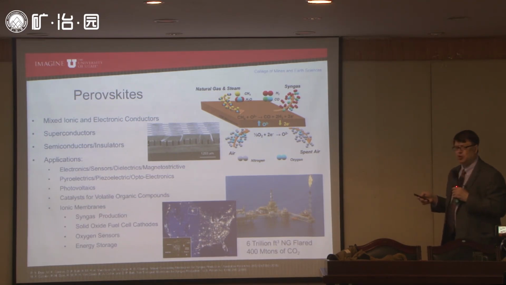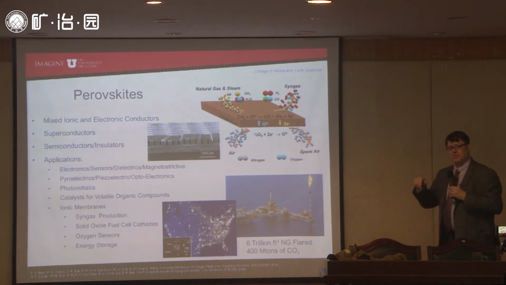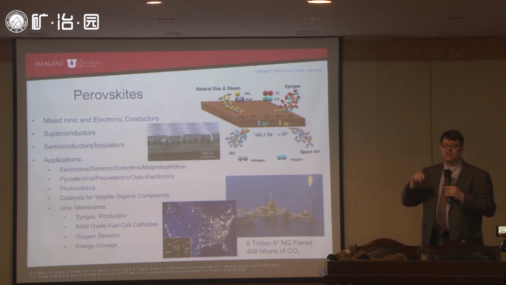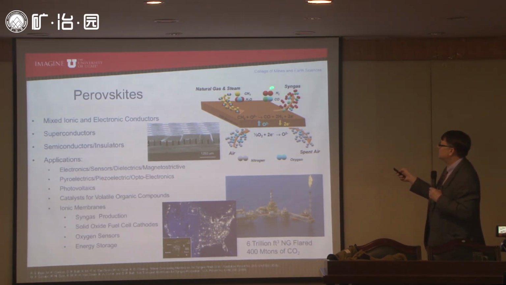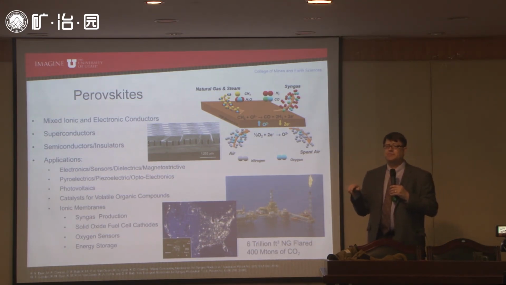And if you have an appropriate catalyst on the other side of this membrane, as the oxygen comes across, rather than reacting with the CH4 or CH3 or whatever is in your gas to form H2O and CO2, it will react to form hydrogen and carbon monoxide. So you have to have the right catalyst to make this happen.